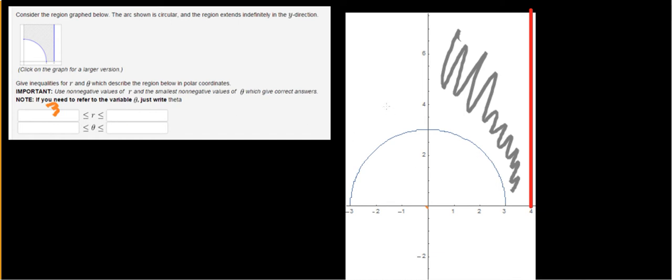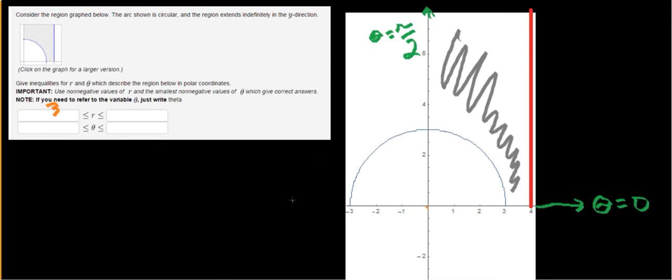Alright, so now how do we figure out our theta terms? Well, in polar coordinates, think of your unit circle. This line here is theta equals 0. If this is 0, then this line here must be theta equals pi over 2.